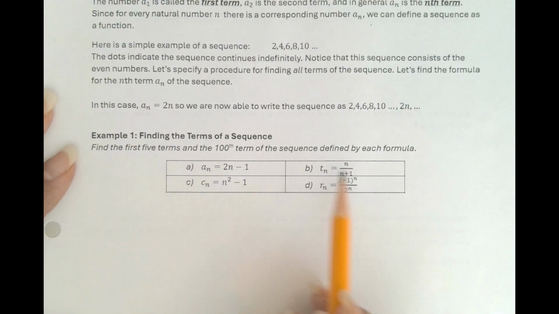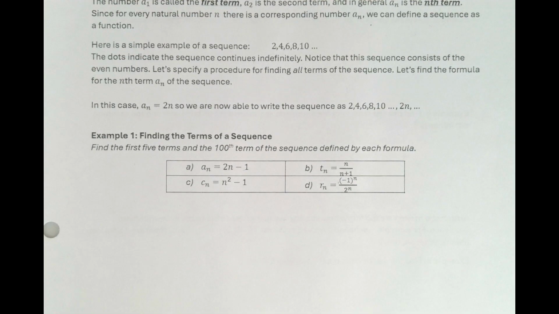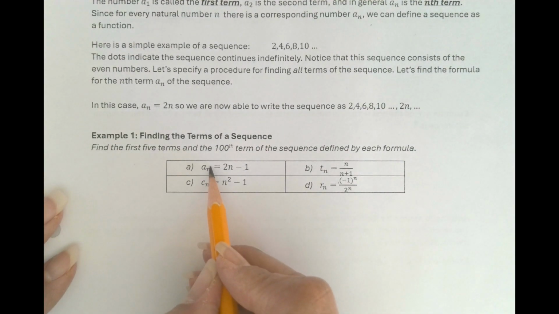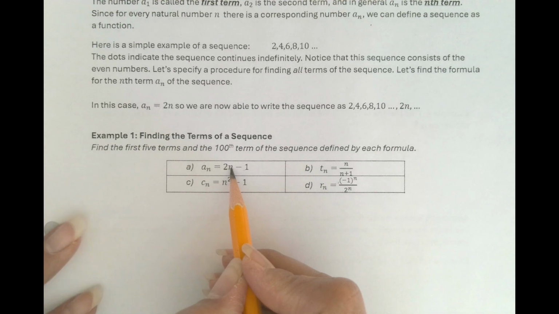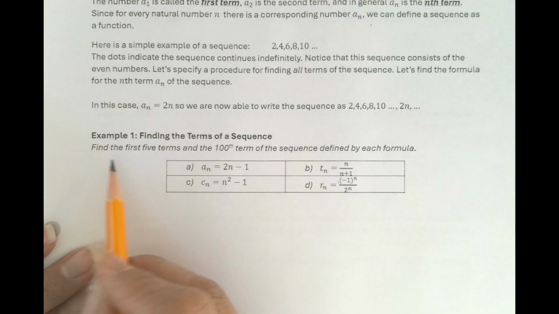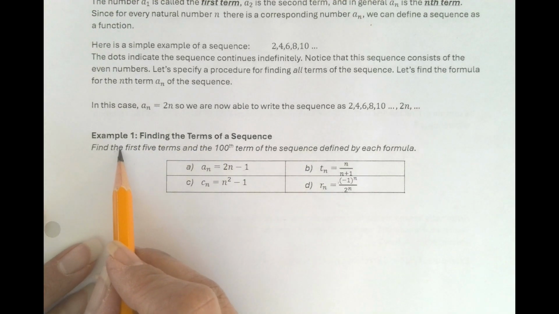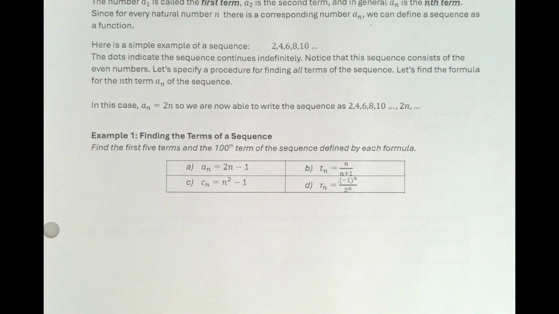Now I want you to notice that these work just like regular function notation, where the f of x value, so to speak, is your a sub n term, and the n values are your x's, the input values, okay? So I want you to follow along with me and do part A. We're going to find the first 5 terms and then the 100th term, and then I'll allow you some time to do B, C, and D on your own.